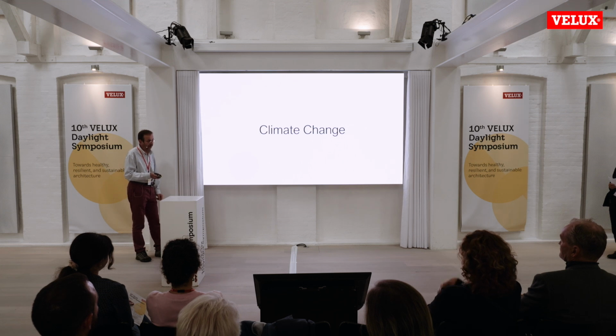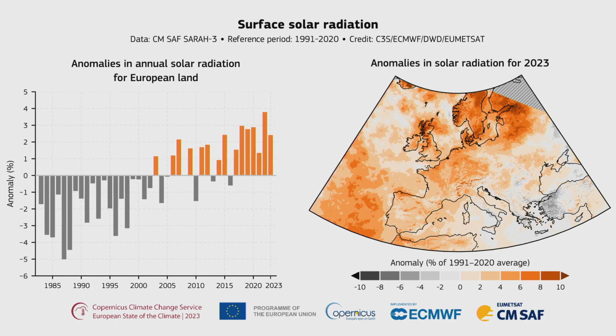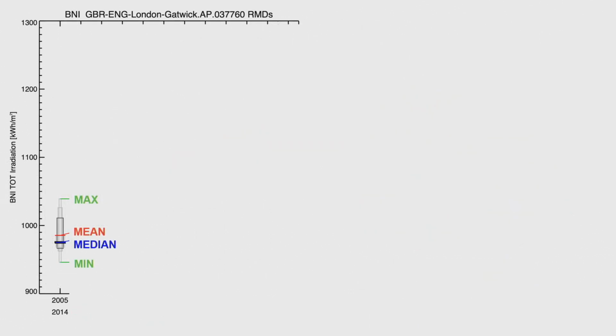Climate change. It's being measured, and the distribution in change is quite varied, and in fact it's in the less sunny places that we seem to be getting more sun. So now we started off with 2005 with the CAMS data.